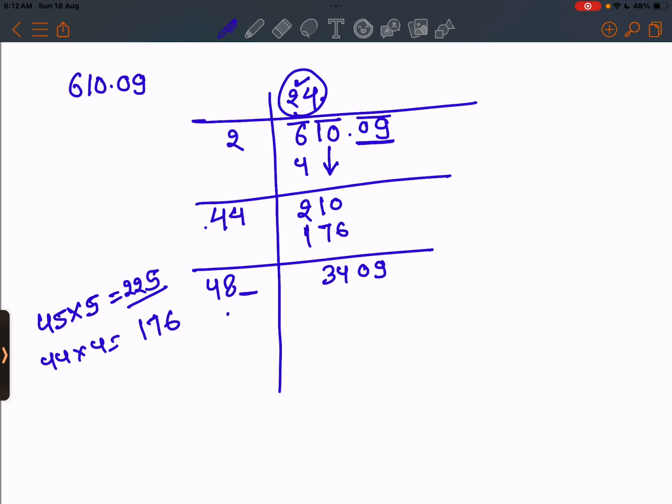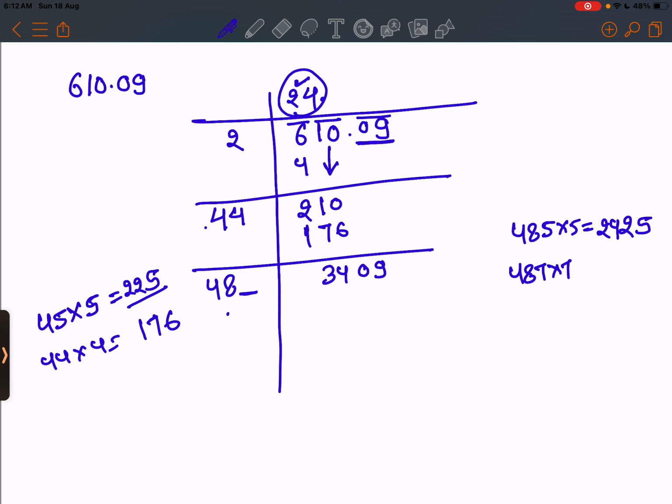So 485 into 5: 5 fives are 25, 5 eights are 40 plus 2 is 42, 5 fours are 20. So 2425 is much smaller than 3409.